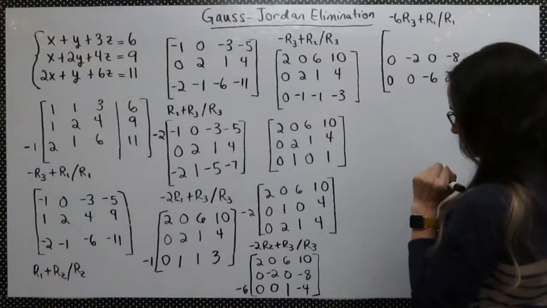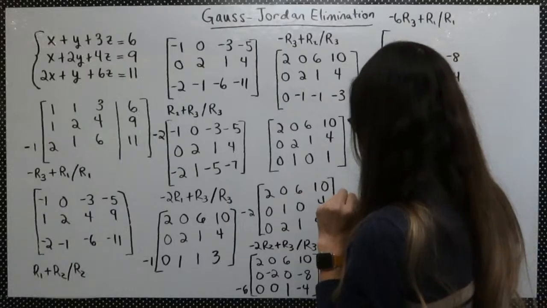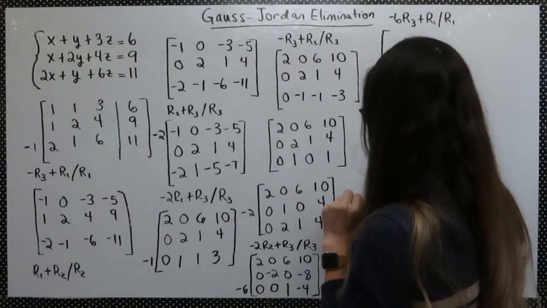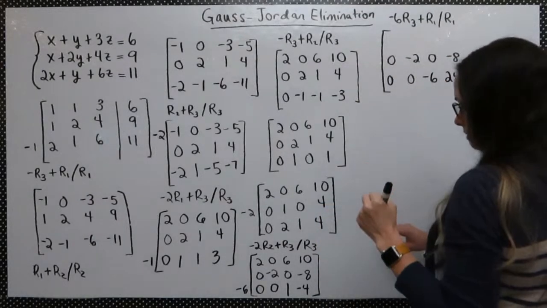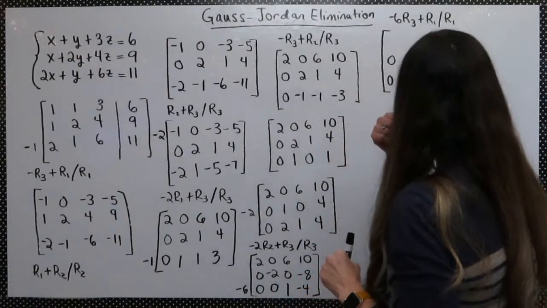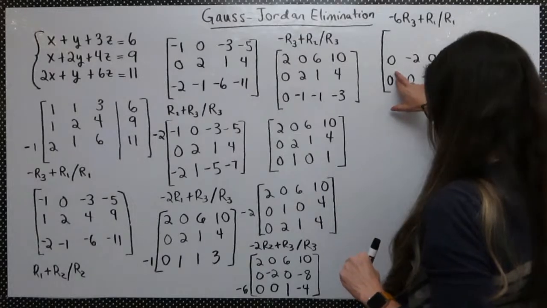Wait. Is it negative? Yeah, negative. Okay. And now I need to add those two together. So it's row 2 plus row 3.